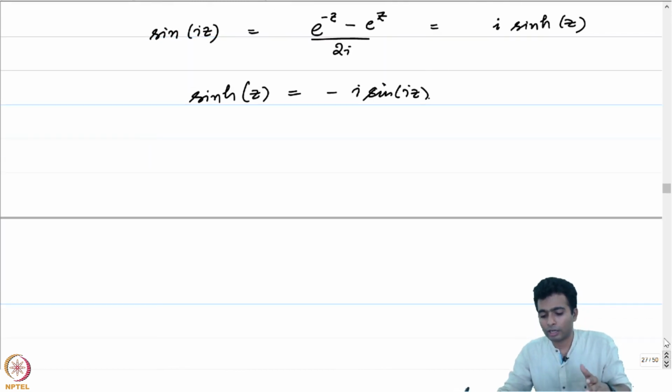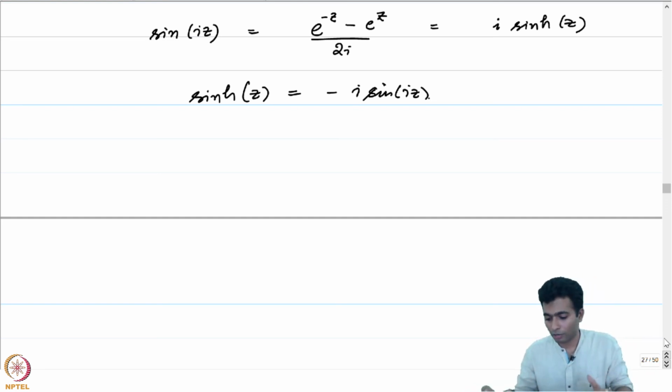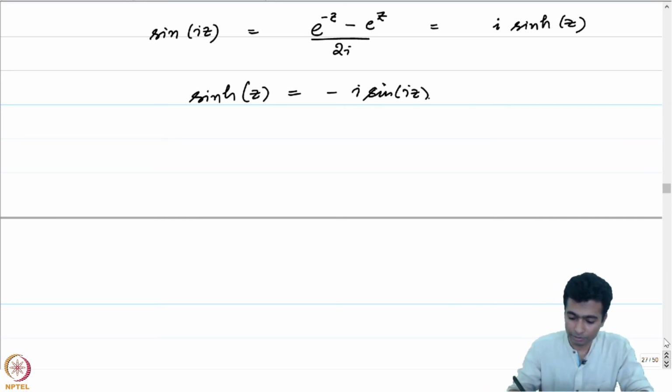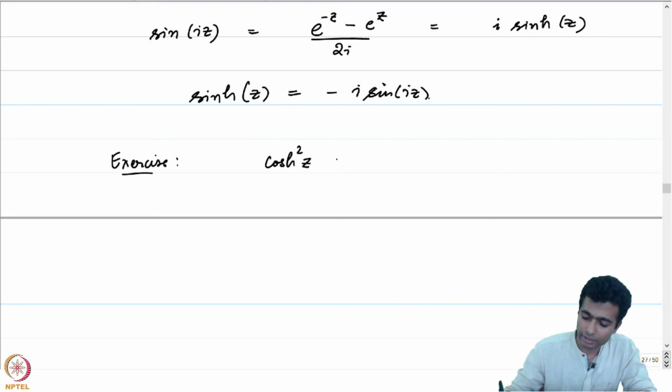The hyperbolic sine and cosine functions also have an analog of all the algebraic properties that the complex sine and the complex cosine functions satisfy. For example, so this is again an exercise. Check that cos h square z minus sine h square z is equal to 1.